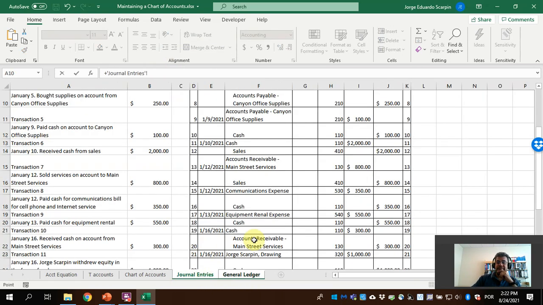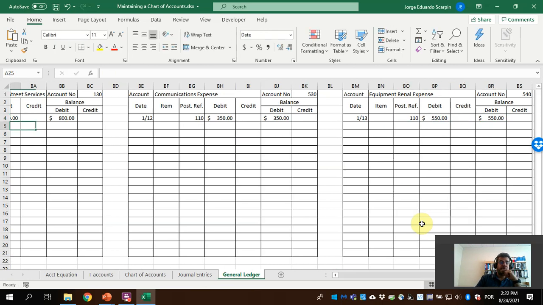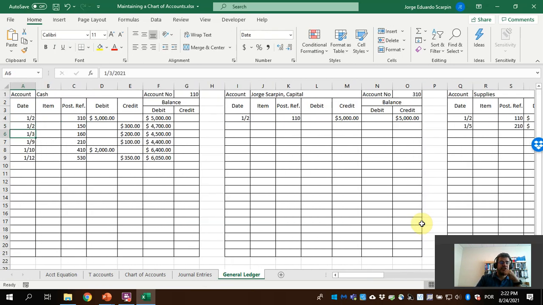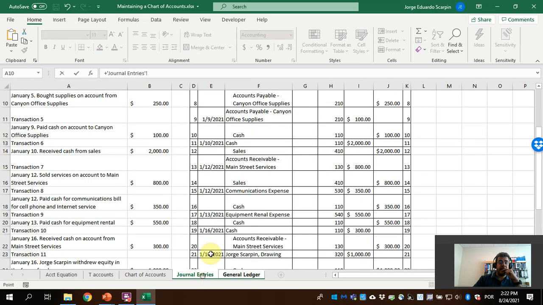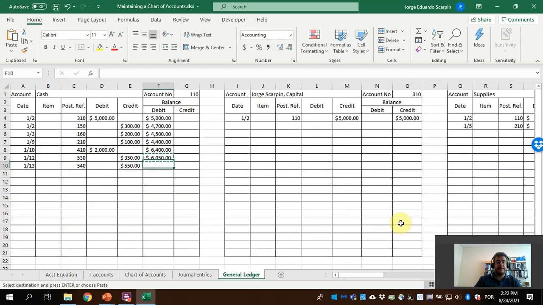And we start knowing the numbers. 550. Formula 550. And cash. 540. And credit is 540 here. Equipment rental, 550 the amount, $5,500.